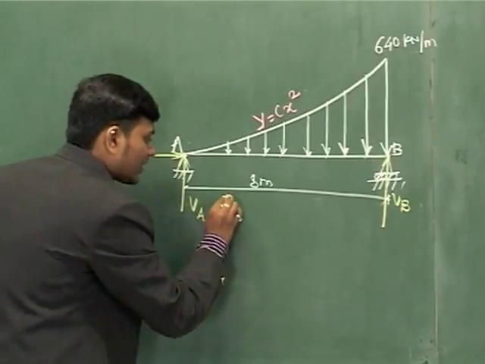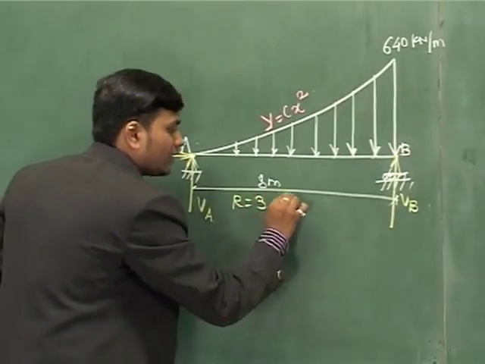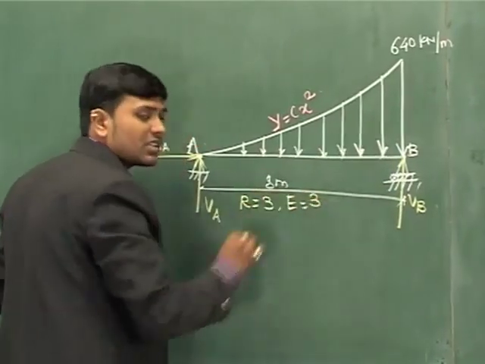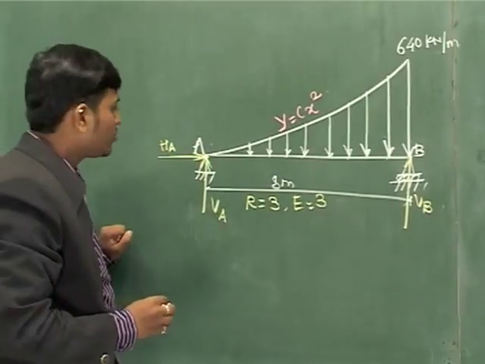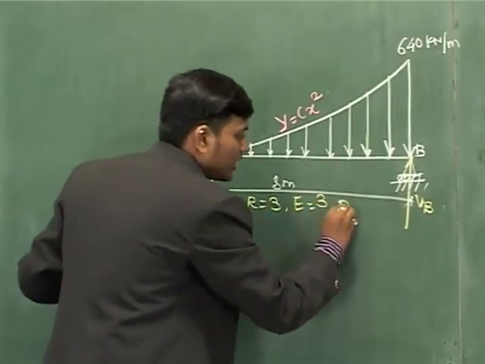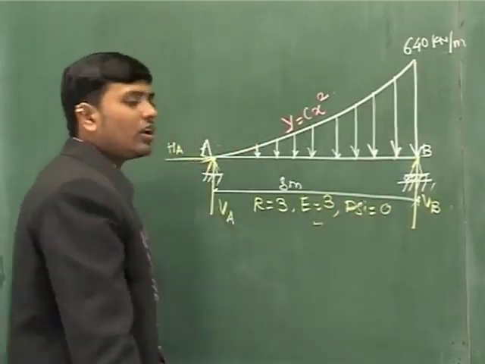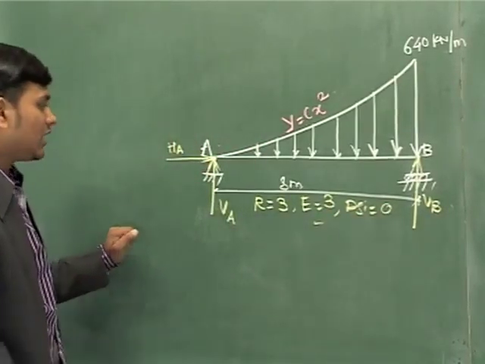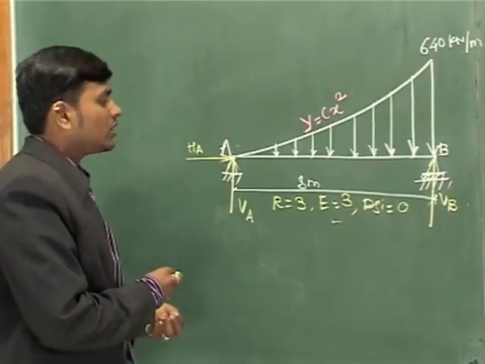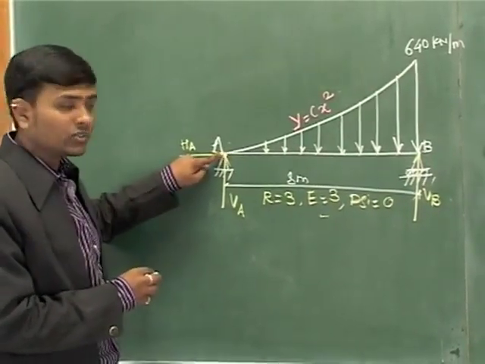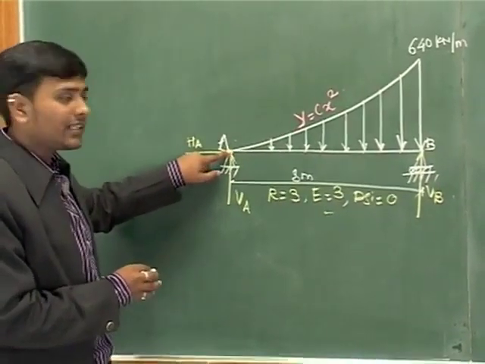So the number of reactions is 3, the number of equations is 3: summation Fx = 0, summation Fy = 0, summation moment = 0. Therefore DSI is equal to 0, and you can solve it by 3 equations. So this type of beam is a statically determinate beam.